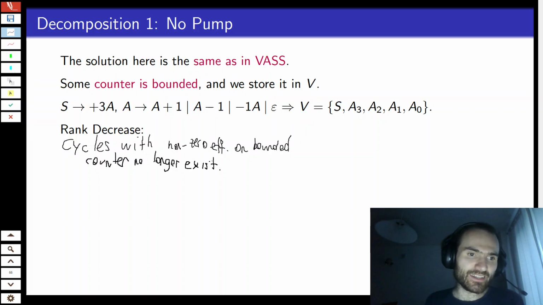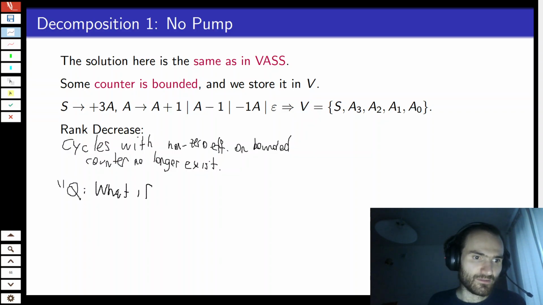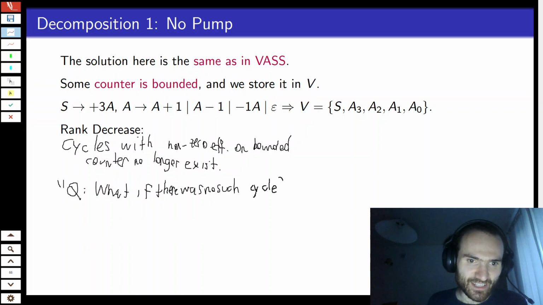Okay, and now there is one special case. What if there was no such cycle? You might ask me that. Well, this is actually kind of a stupid question, because then the counter did not exist to begin with. We would not have made this decomposition because the counter was already removed before.